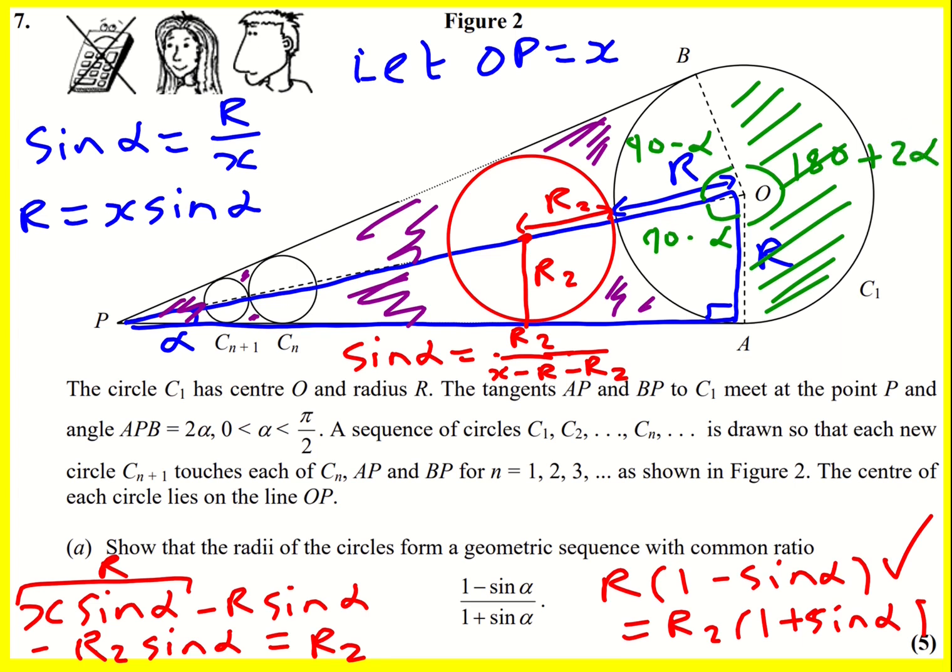I just remembered, actually, we're working in terms of radians, so it's going to be pi. Let me change this to pi over 2, sorry. So this angle for the sector is pi plus 2 alpha.